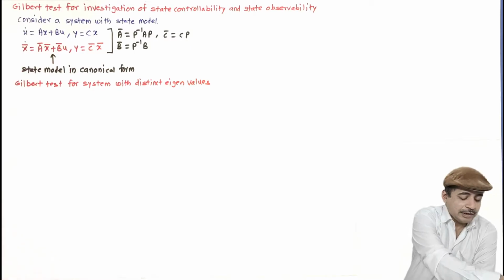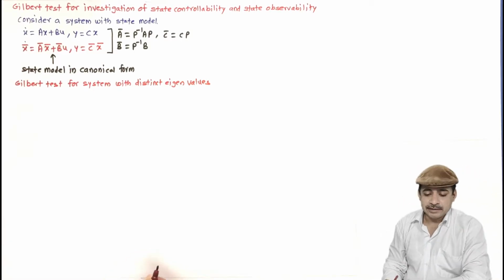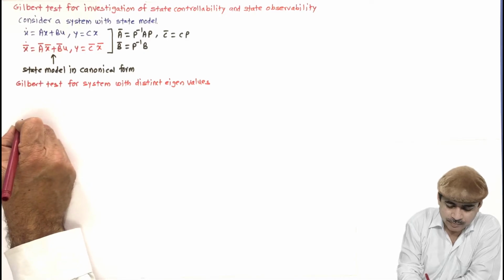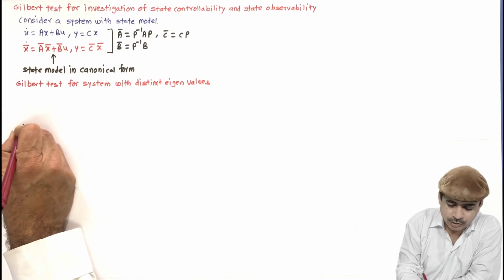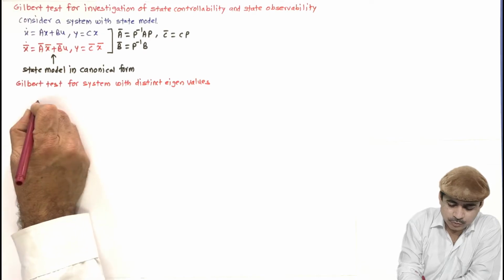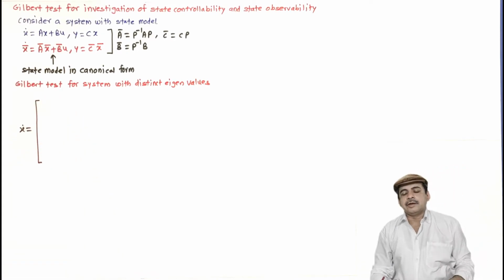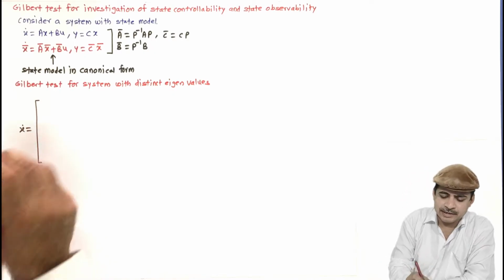If the eigenvalues are distinct, then the state model will be of the form x dot is equal to, and now let us consider the generalized system.